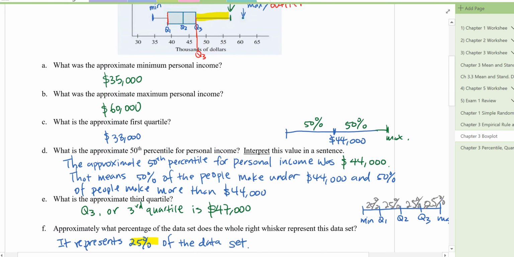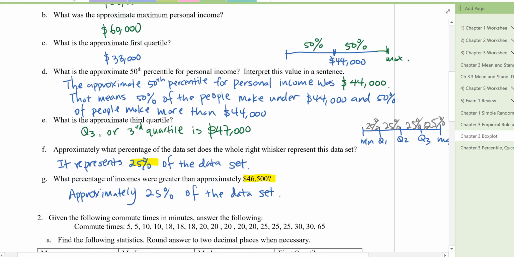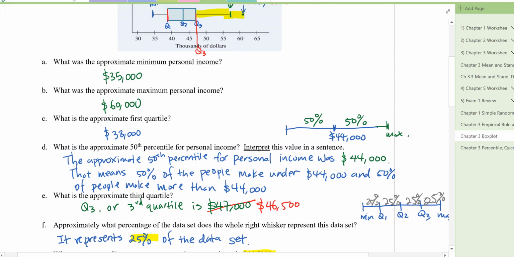Everything from Q3 to the maximum is approximately equal to the right whisker length, so approximately 25% as well, plus the extra outlier, but 25% approximately. So again, 46,500 is approximately the third quartile, which should match part D. Again, we're approximating, reading the graph. So that's reading the boxplot here.